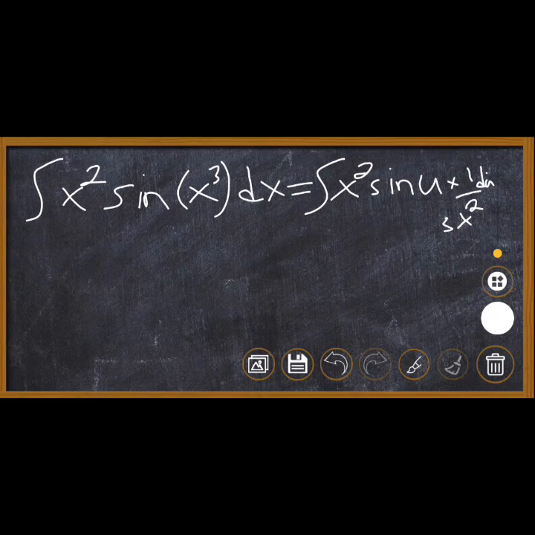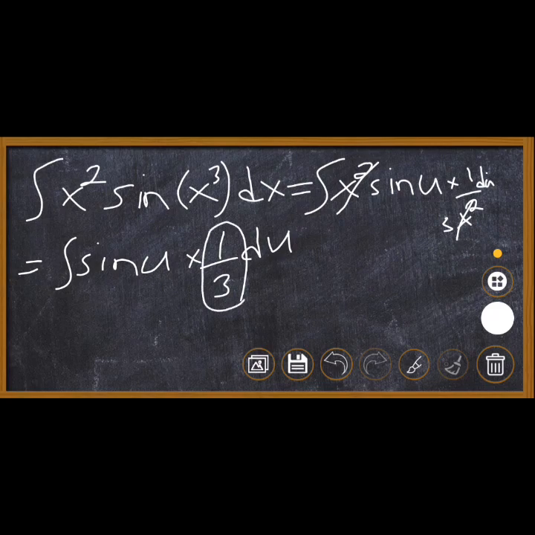Okay, so in this case, as we can see, this squared and that squared can be cancelled. So in this case, we are remaining with what? We are remaining with sine u multiplied by, here we are just remaining with 1 over 3 du. So this is a constant, so it can just come in front. So in this case, then we are going to have 1 over 3 outside the integral. So we have here the sine of u and then du.